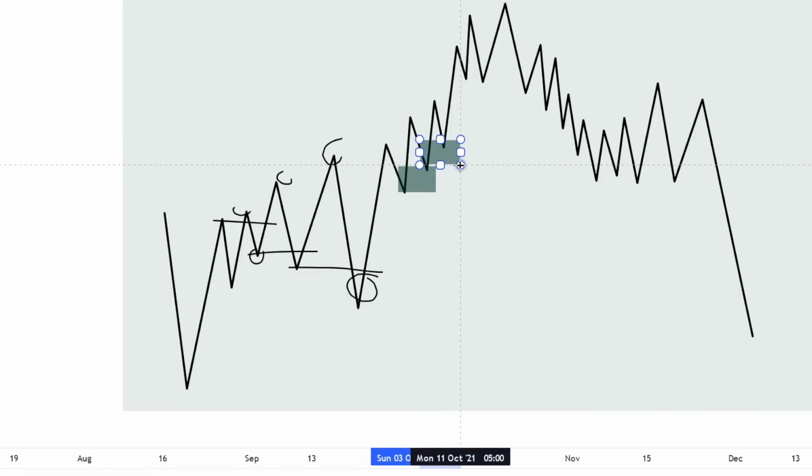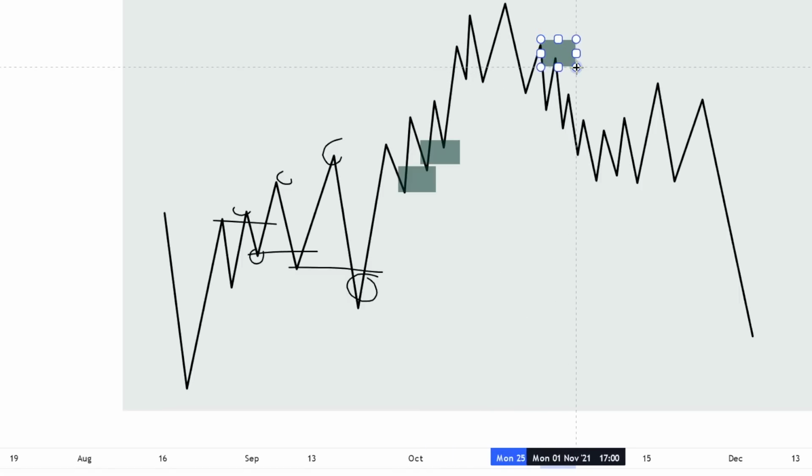Price reacts off your demand. Price changes character and goes off your demand again. Retraces back inside of the range, which would still be considered a supply and demand structure, but never reaches the extreme demand.